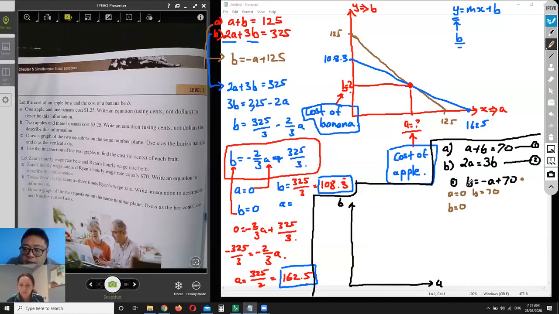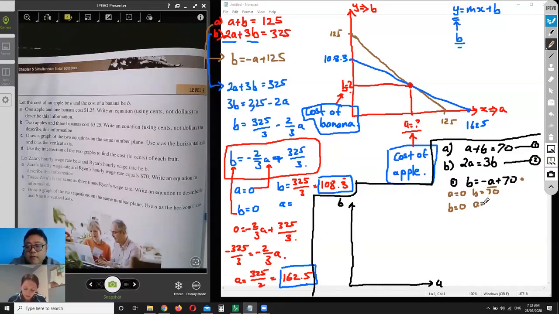Let's have a think. When B equals 0, what would A have to be? So when B equals 0, you put 0 for B. You have to work out a value for A. What value would make the right-hand side equal the left-hand side?